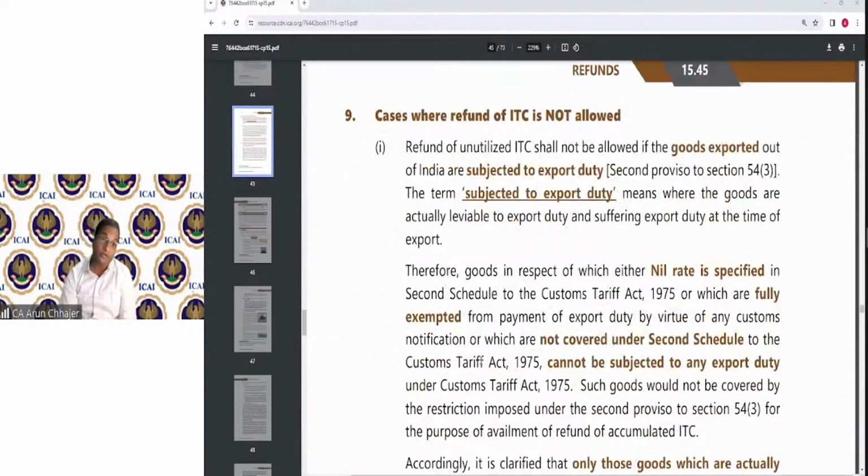हाँ, important है. This point is saying where you are not entitled to take the refund of accumulated ITC. पहला है अगर आपका गुड सब्जेक्ट टू द एक्सपोर्ट ड्यूटी है देन यू आर नॉट एंटाइटल्ड टू टेक द रिफंड.